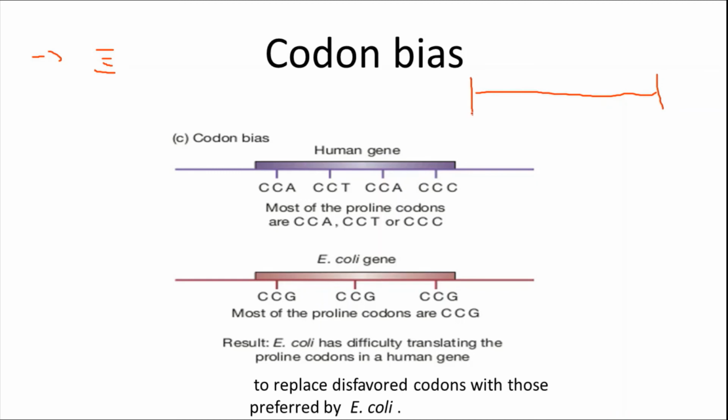The protein may have serine at the 50th position, and we want this sequence. But the serine amino acid is encoded by 4 codons.